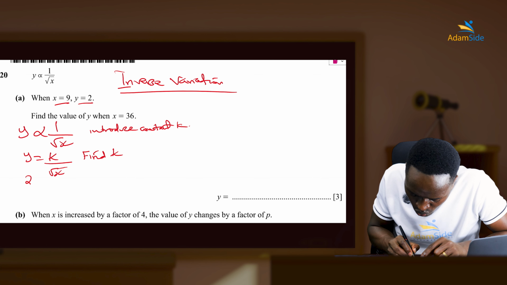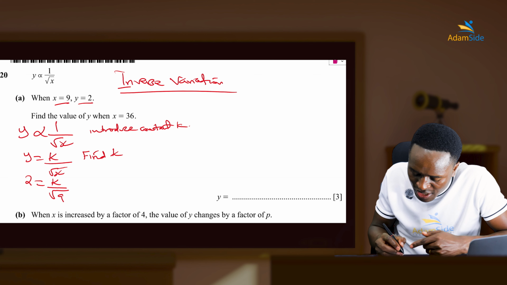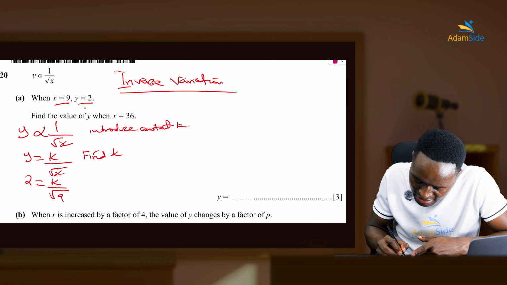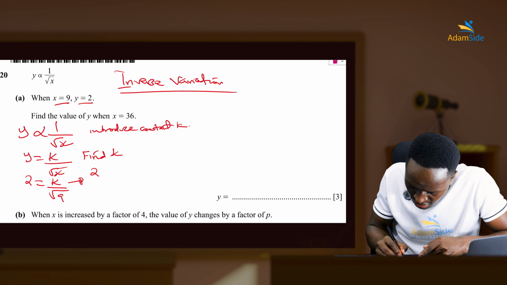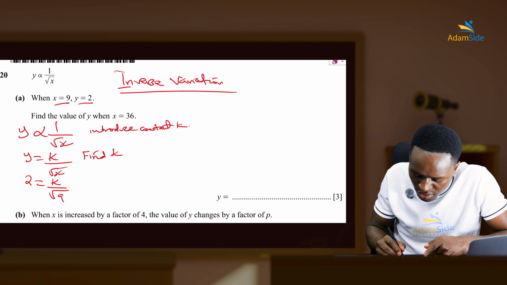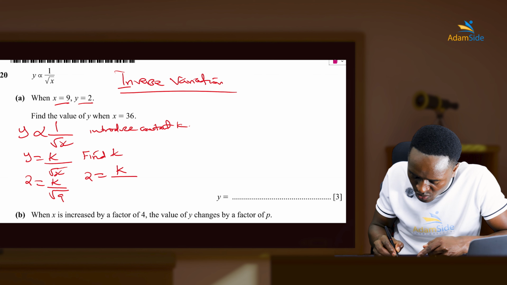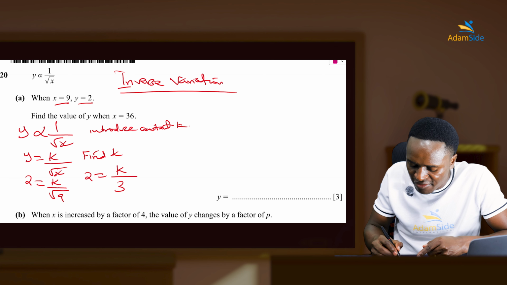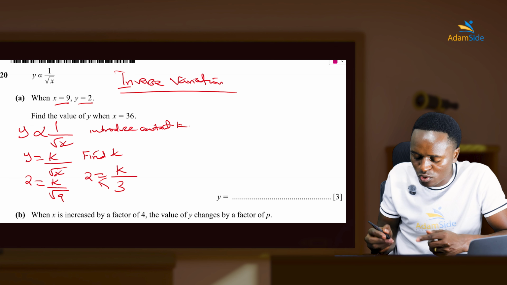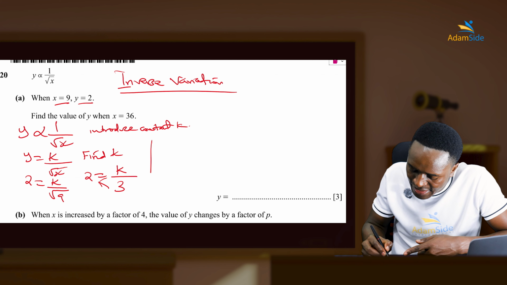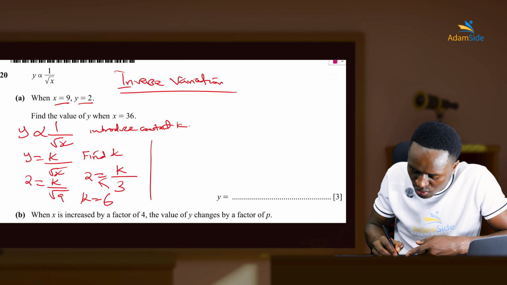We now have 2 is equal to k over square root of 9. The square root of 9 is 3. Now to get the value of k, you just cross multiply. k times 1 is k and 2 times 3 is 6. So the value of k is equal to 6.